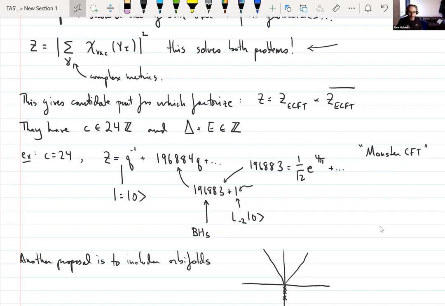Because of that, even if you interpret the monster CFT as a theory of gravity, it has a set of states that obeys something that looks like the Bekenstein-Hawking formula, but these don't really look like black holes in all of the other ways that you would like black holes to look in a more complicated theory of gravity.